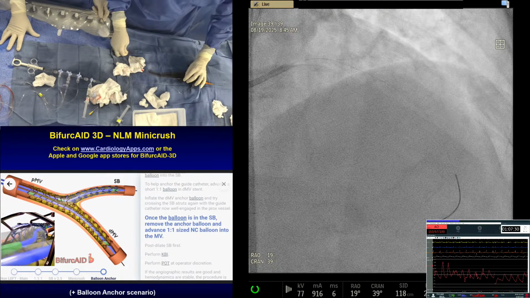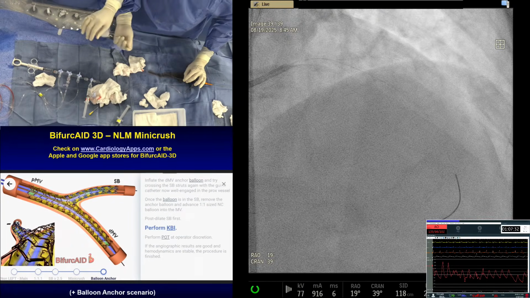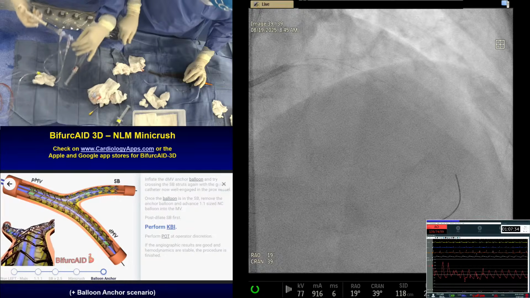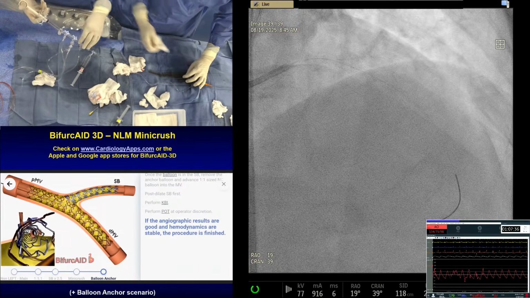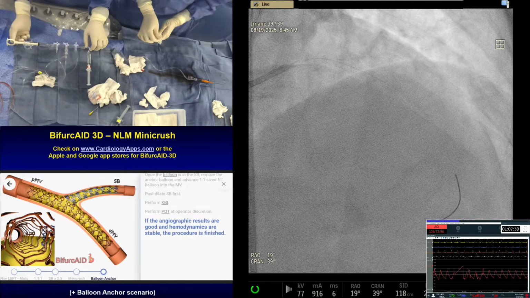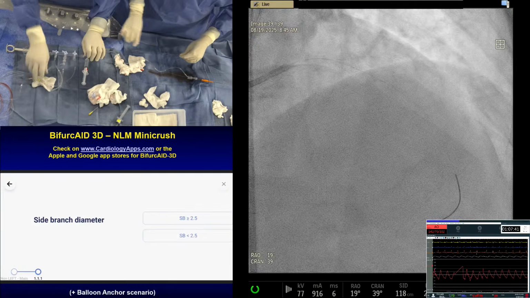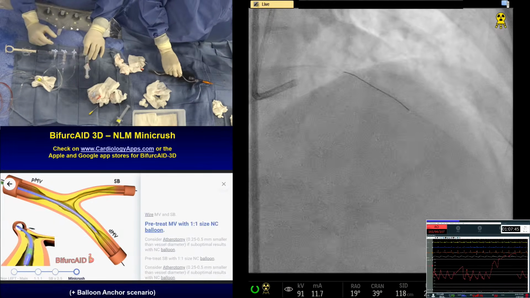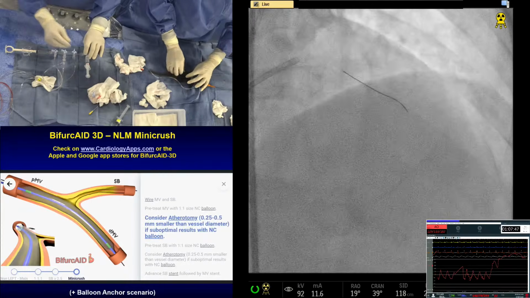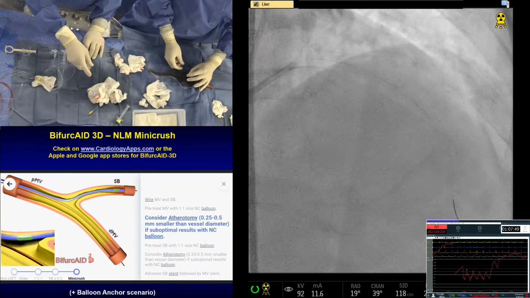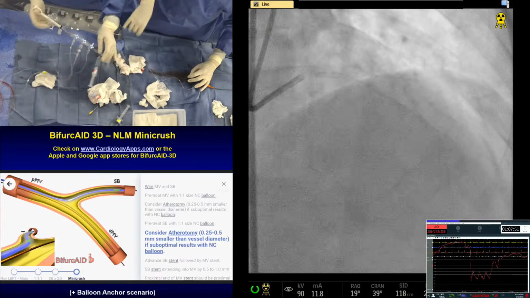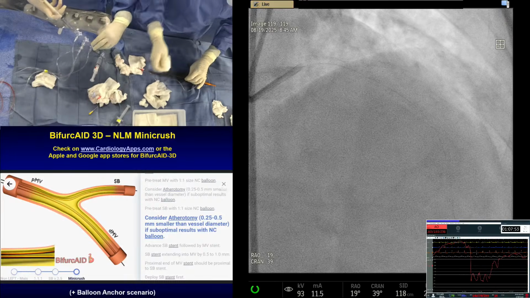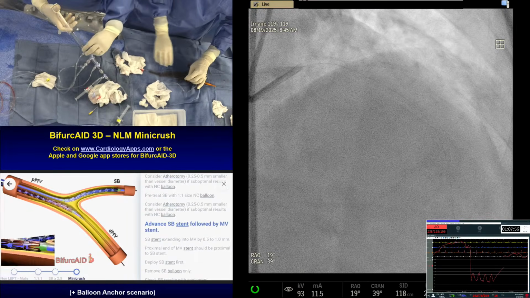In the PROPOT trial and our data from our center, the kissing balloon gives you better lumen, more circular lumen and less eccentricity compared to the POT. So I think the POT is overrated, particularly in these cases where you will become like 20% proximally. Let's take a picture and then we'll see.